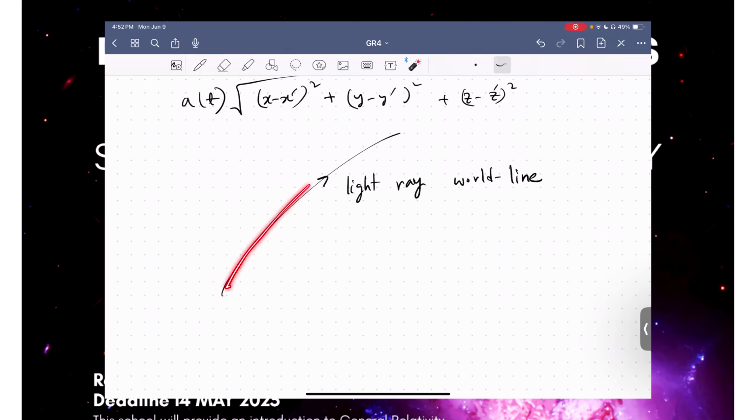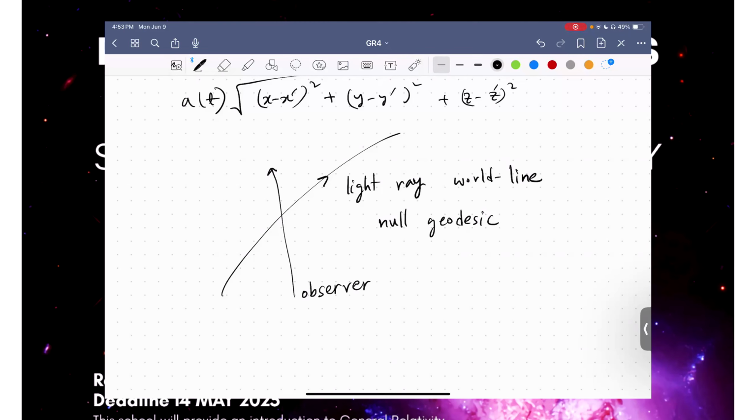This is the line through space and time, and this is going to be a null geodesic. And suppose this is intersected by another geodesic, which can be the world line of an observer.